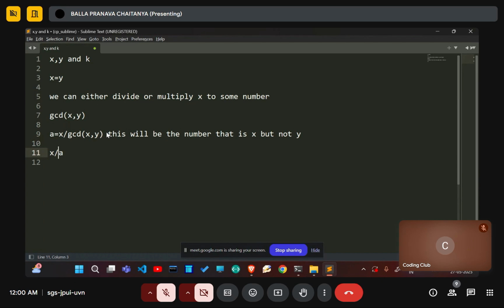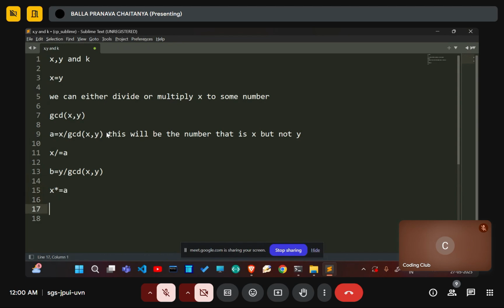In order to make x equal to y, we have to divide x by a and multiply x by b.